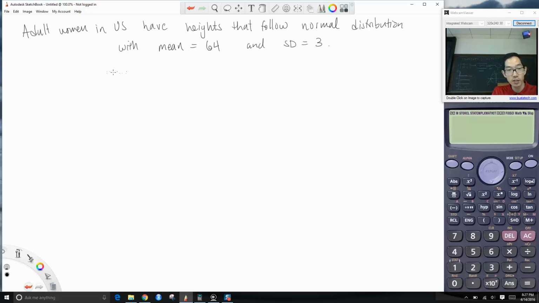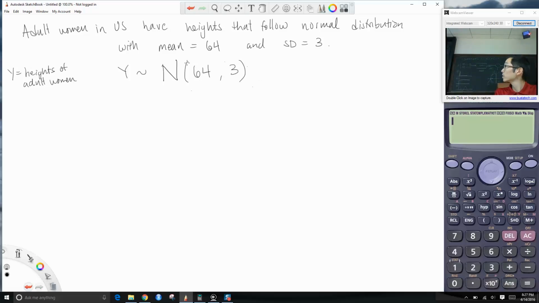I can say y, where y will be heights of adult women, and then there's a tilde or squiggle that means comes from, and then capital N for normal distribution, and we say 64, comma 3.